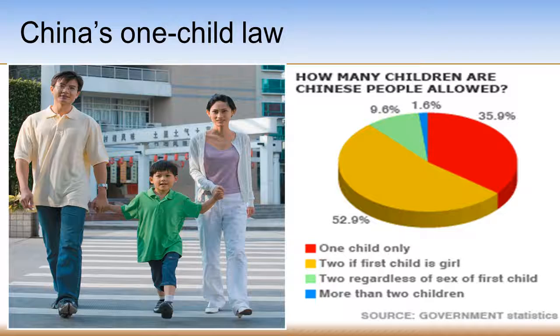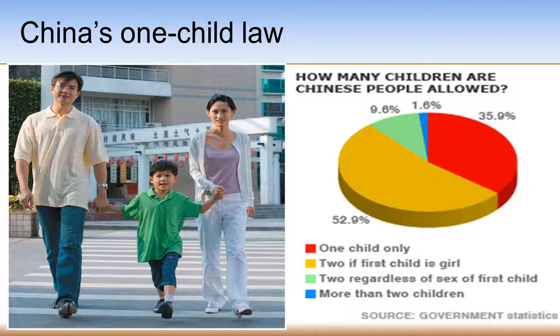In 1979, the government one-child policy was implemented. The graph on the right side of your screen depicts how many children Chinese people are allowed to have. About 36% of the Chinese population only has one child.